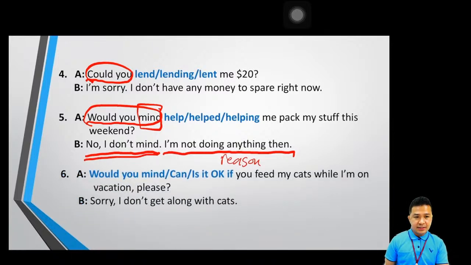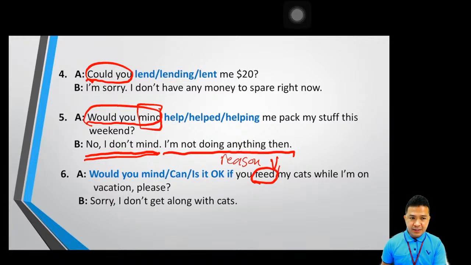Lastly, number 6. Would you mind, can, is it okay if you feed my cats while I'm on vacation, please? Sorry, I don't get along with cats. Take note of the verb feed. It is in verb 1.